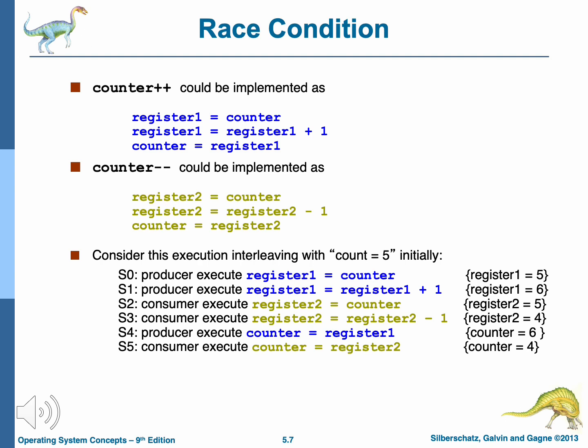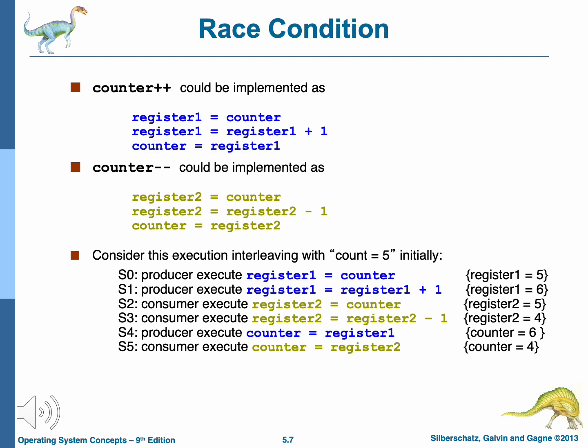Following the execution of these two statements, the value of the variable counter may be 4, 5 or 6. The only correct result, though, is counter equal to 5, which is generated correctly if the producer and consumer execute separately. We can show that the value of the counter may be incorrect as given here.